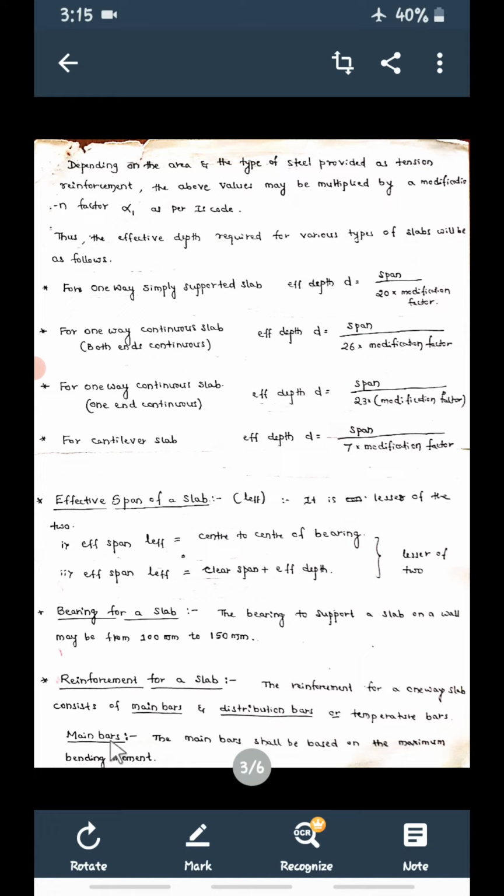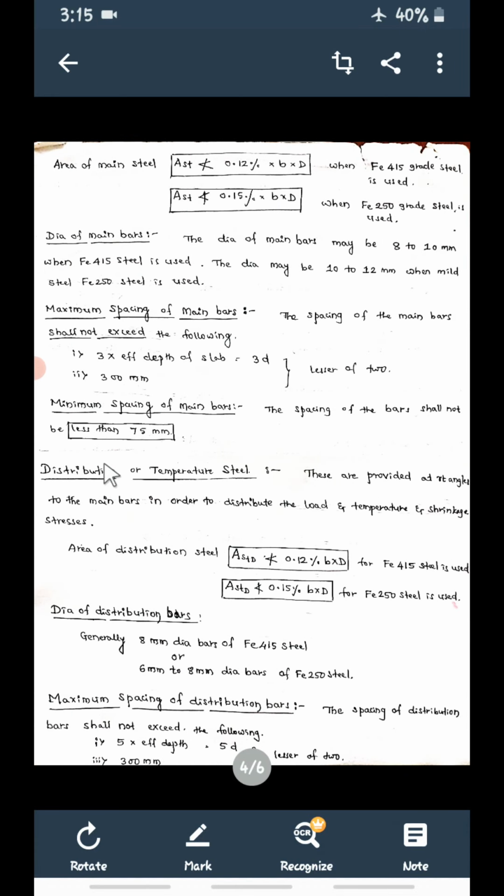Where will you provide main bars? Main bars shall be based on the maximum bending moment. Depending upon the maximum bending moment, you can calculate the area of steel, that is the main bar, and it will be provided along the shorter span. Remember, along the shorter span only you have to provide.